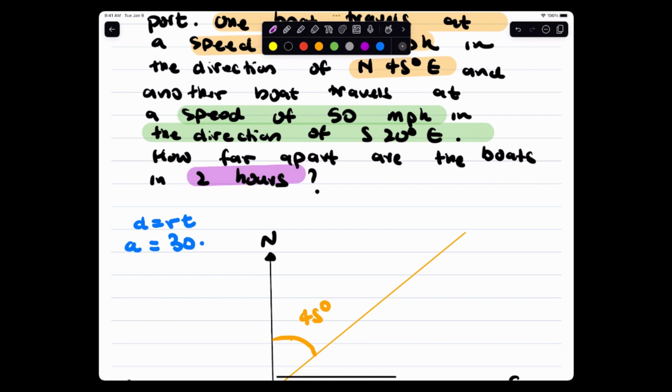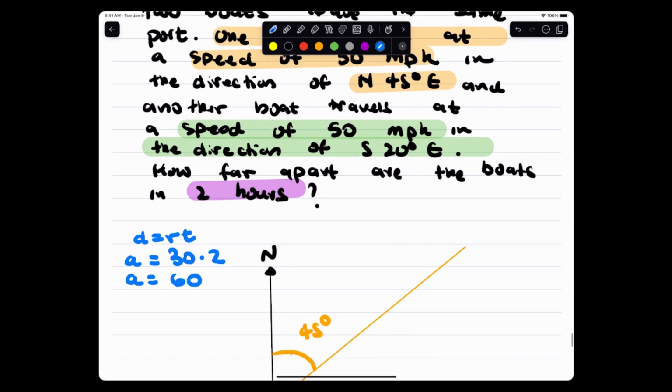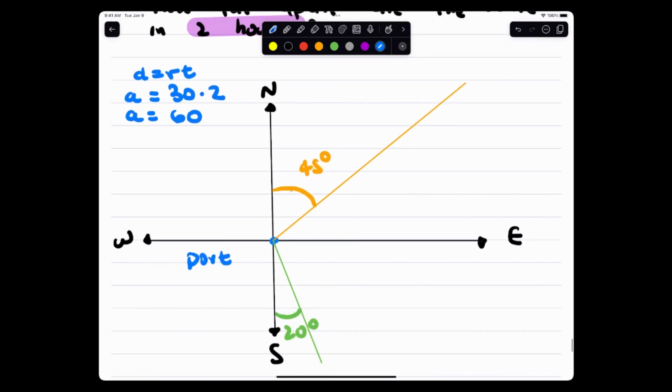So I'm going to take 30 times 2, and what does that give me? Isn't that going to be 60? So now I'm going to try to draw a distance. This distance is 60. That's my A, just so you guys know. So that A distance is 60.